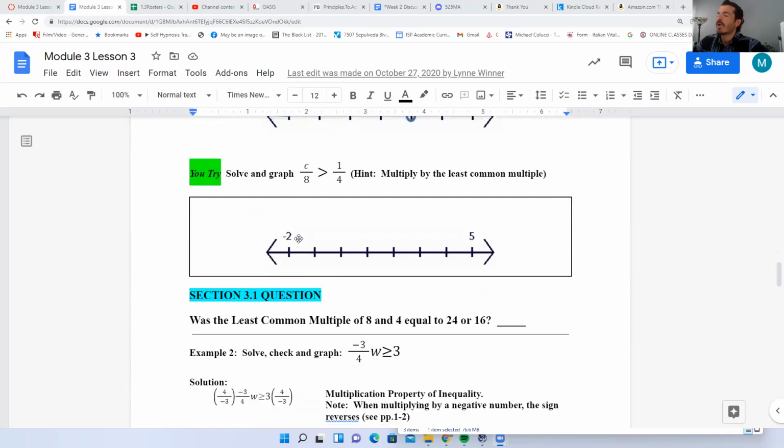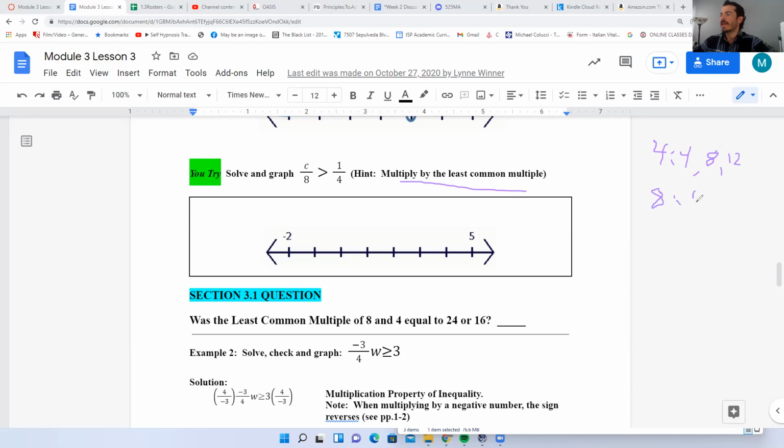Okay. Solve and graph c divided by 8 is greater than 1 divided by 4. And they're giving us the hint, multiply by the least common multiple of the denominators. Well, the multiples of 4 are 4, 8, 12, and the multiple of 8 is 8.